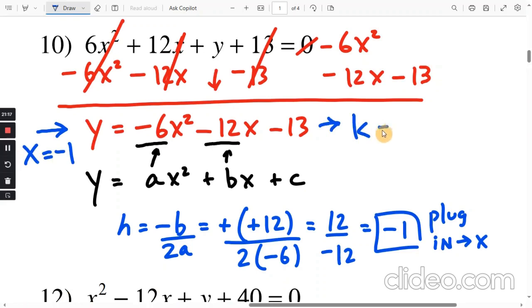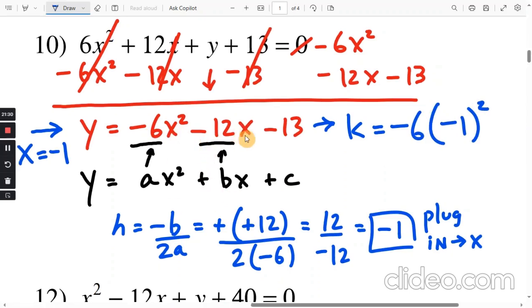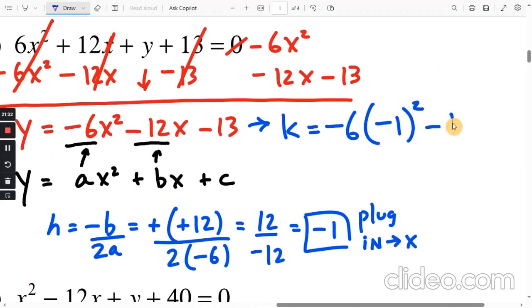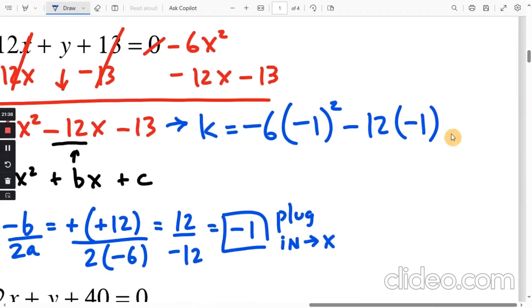And that's how you solve for k. So k is going to equal negative 6 times x squared. So use parentheses. And the x is negative 1, and that's squared. All right, that's minus 12 times negative 1. And that's minus 13.